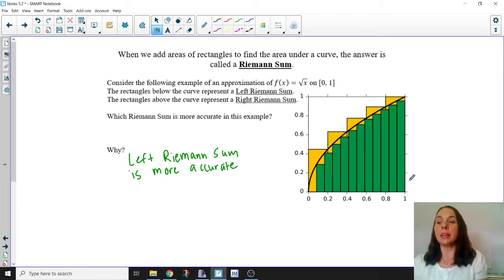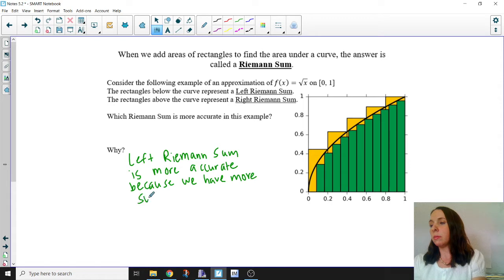And the reason is that the subintervals are smaller, right? Or we could say we have more subintervals, more rectangles.